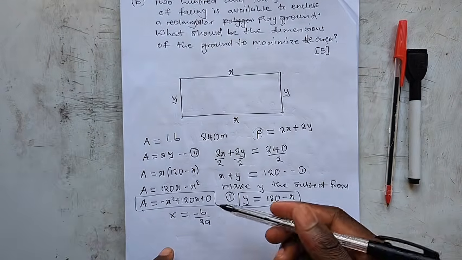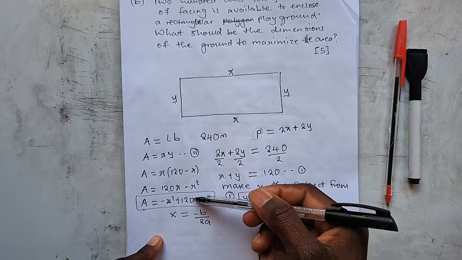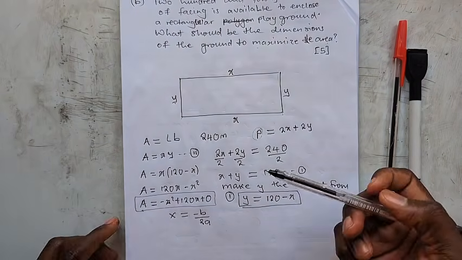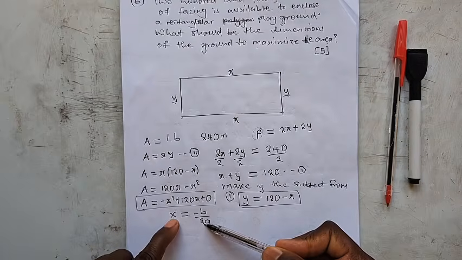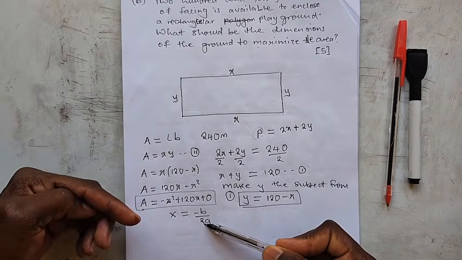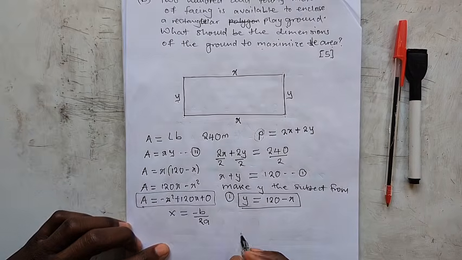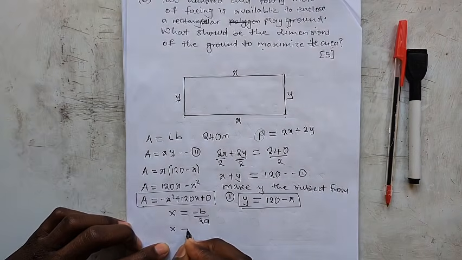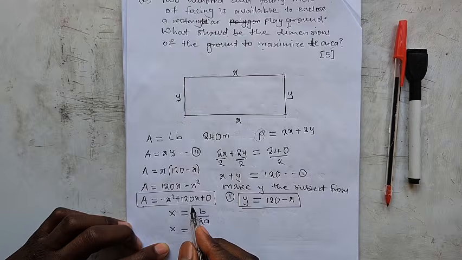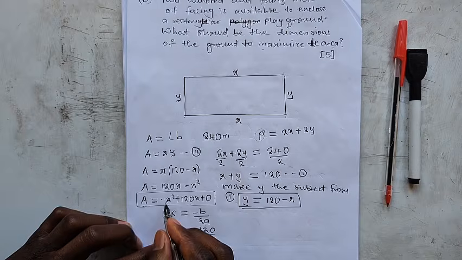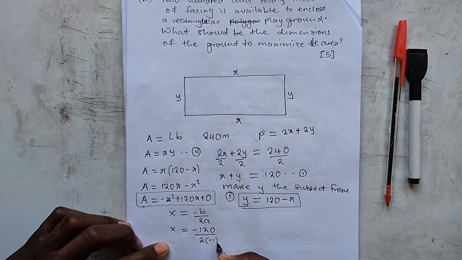If your equation has already been given in this form, whether they're saying how much time or how much money, you use the same formula by taking this variable to be equivalent to what you've been given in the question. So in short, x is equal to, what is b? b has to be the coefficient of x, negative 120 here, over, what is our a? Our a has to be negative 1.